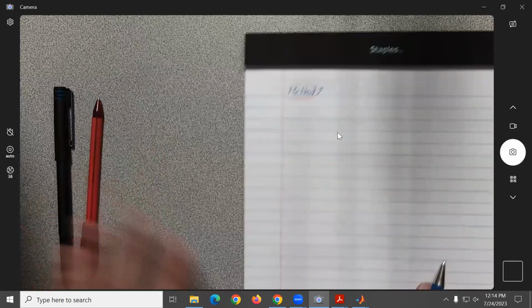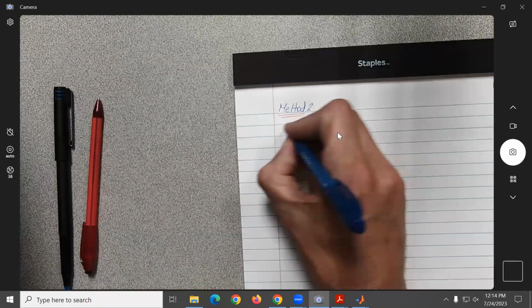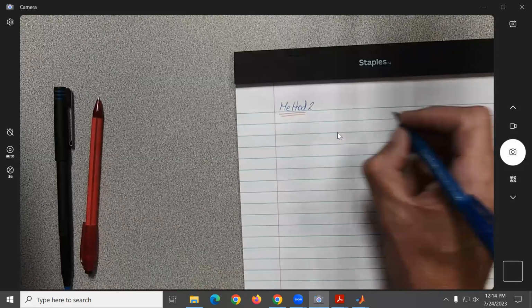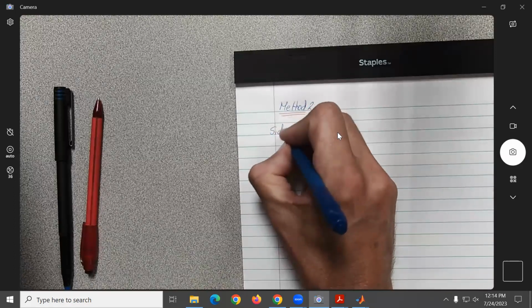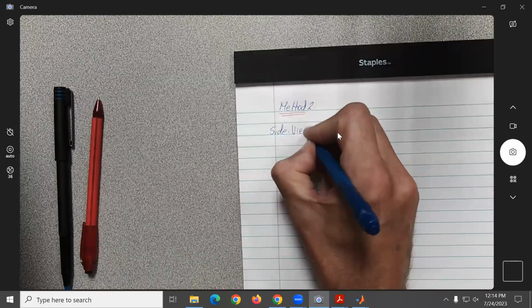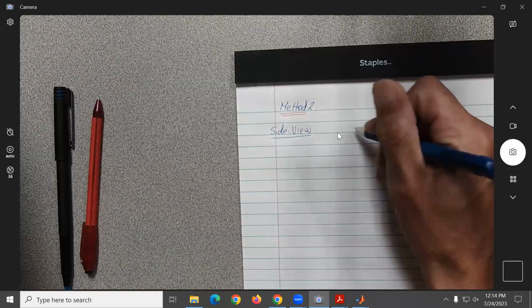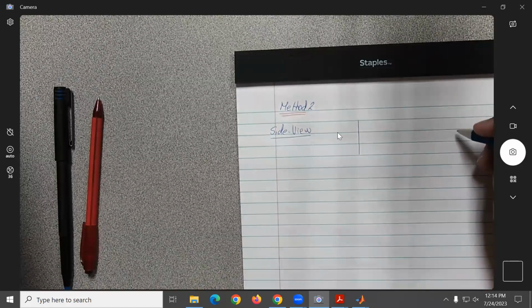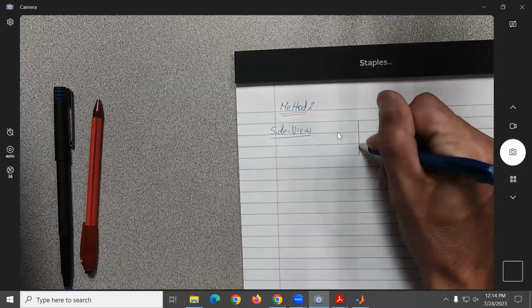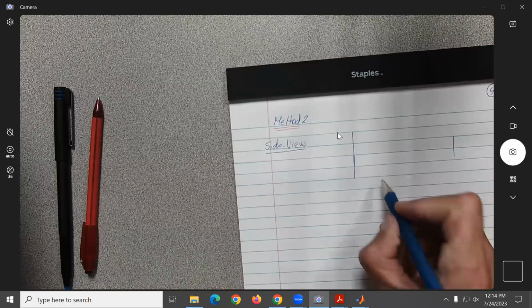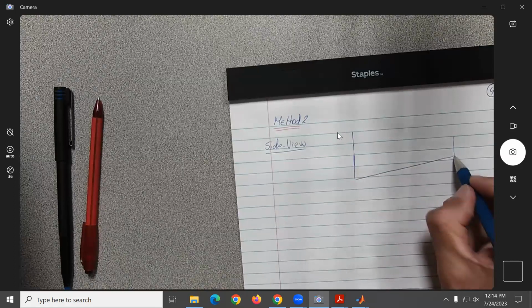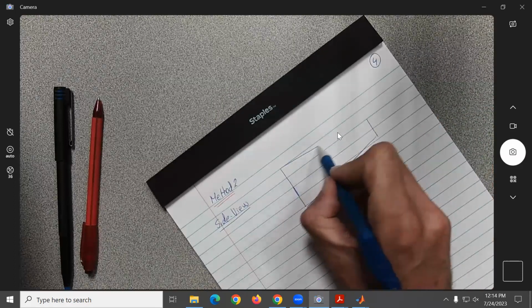All right, so method 2, let's say here side view. Might be easier to sketch. So side view, let's say we have 4 over here, and okay, let's do 4 and 2 over here. It could be side view or top view, I'm not that sure.